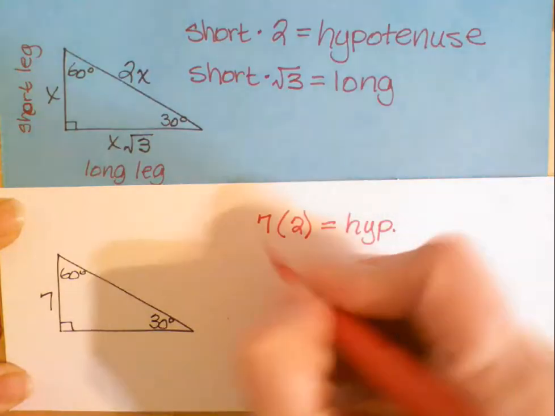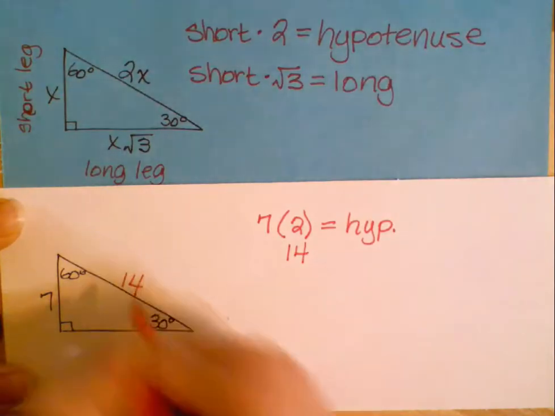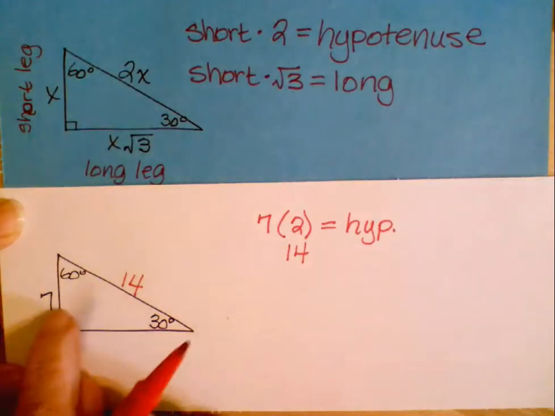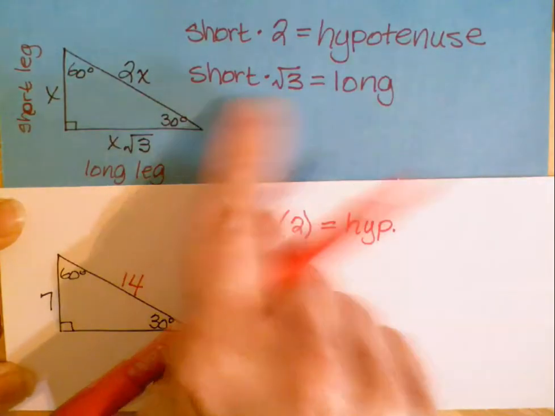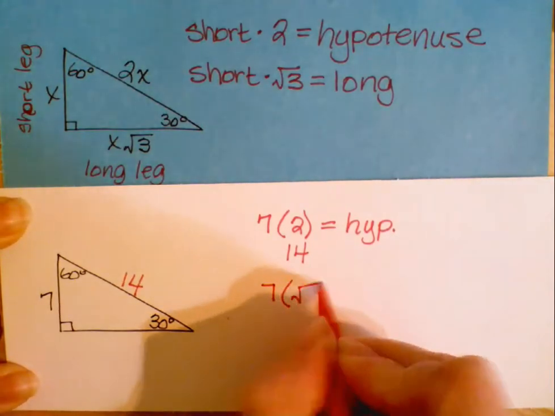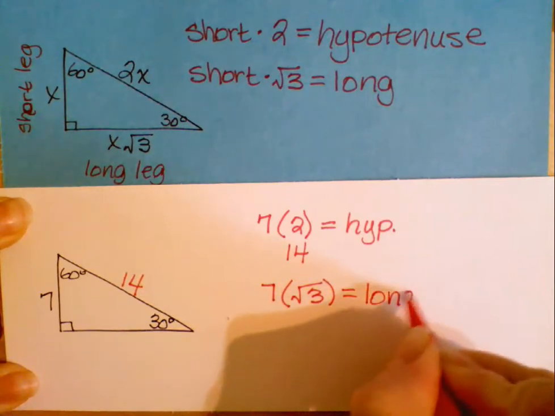Here we know 7 times 2 is 14, which means 14 is the length of this side. Likewise, to find the length of the longer leg, we take the length of the shorter leg times the square root of 3. So here we're going to take 7 times the square root of 3, and that produces the length of the longer leg.